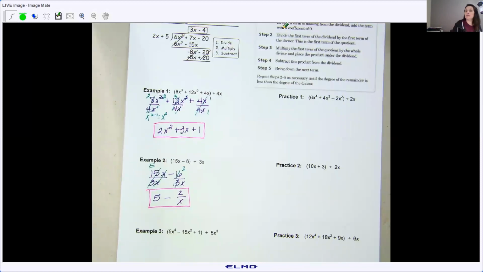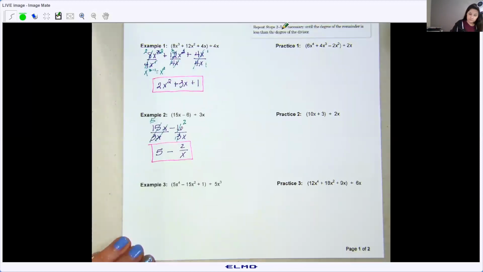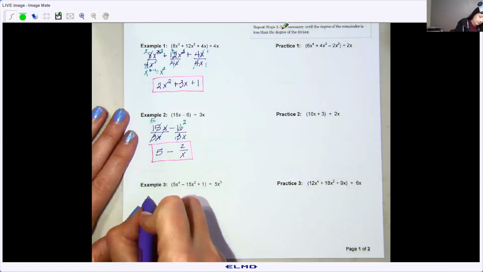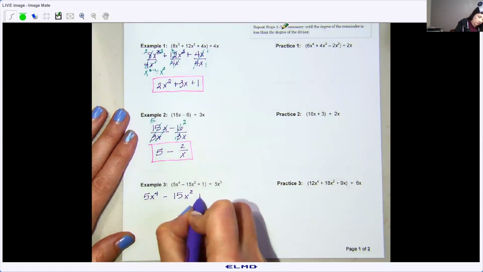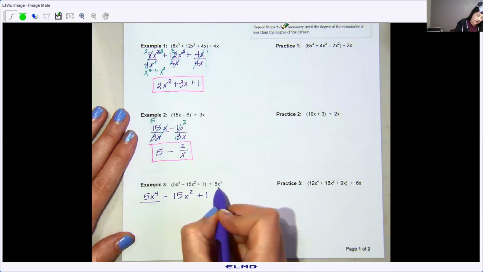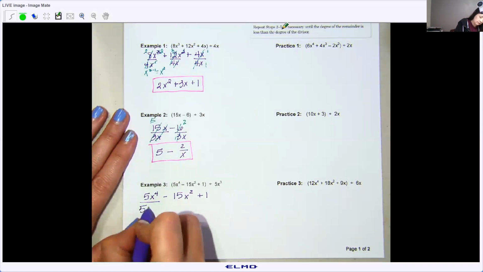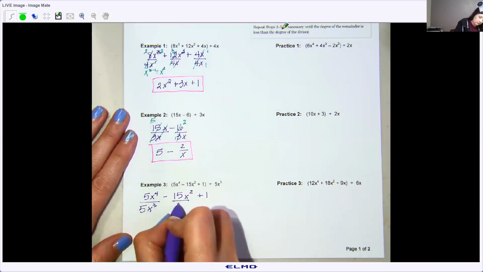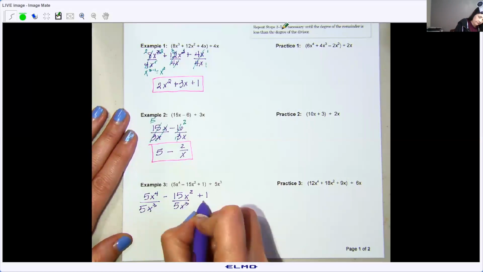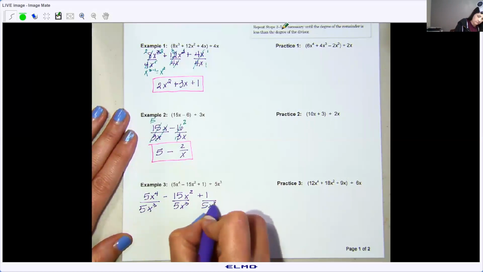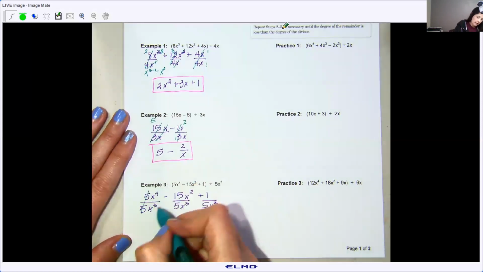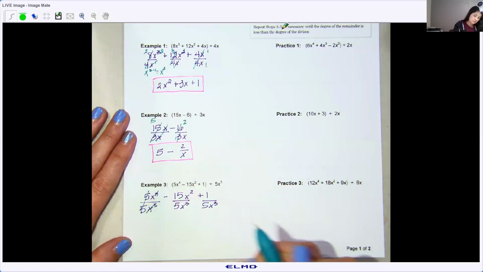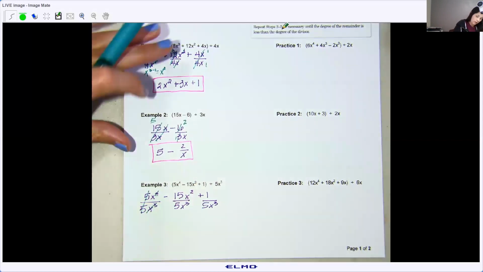Okay, third example here. We're going to take each of these terms, 5x to the 4th minus 15x squared plus 1, all divided by 5x cubed. Okay, so here my 5's cancel out, and then I'm just left with 1x on the top when I simplify those.